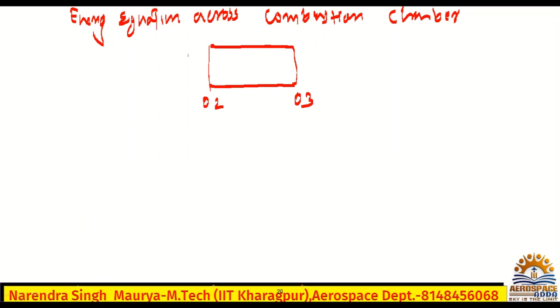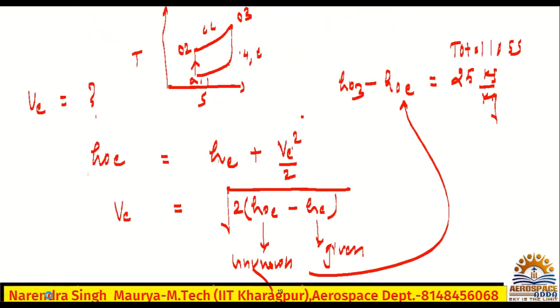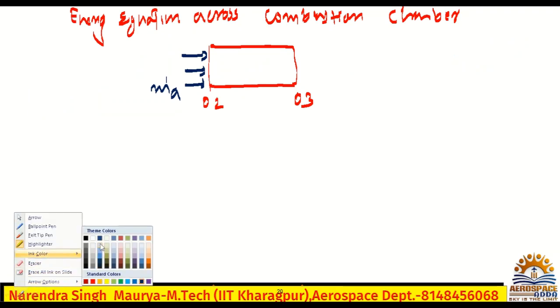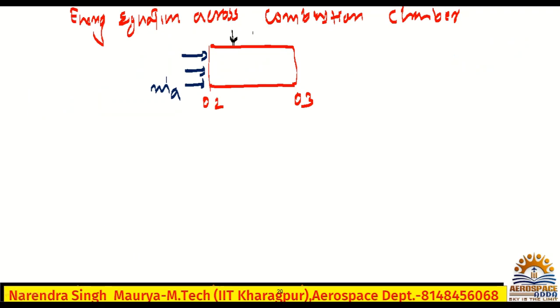Air is what entering here. What is the air? M dot A, yes or no? And fuel M dot F. Then exit will be gas.